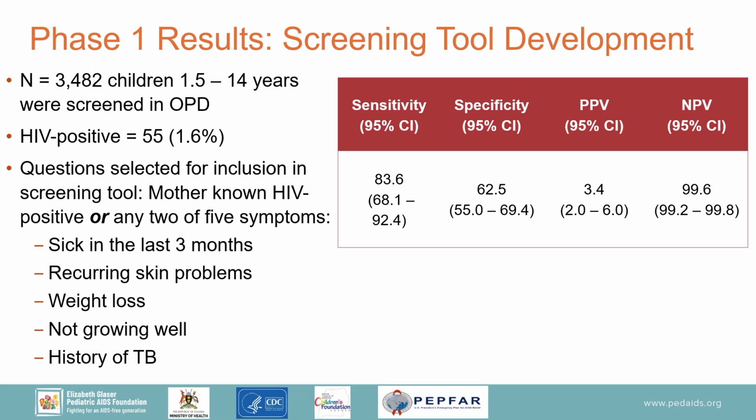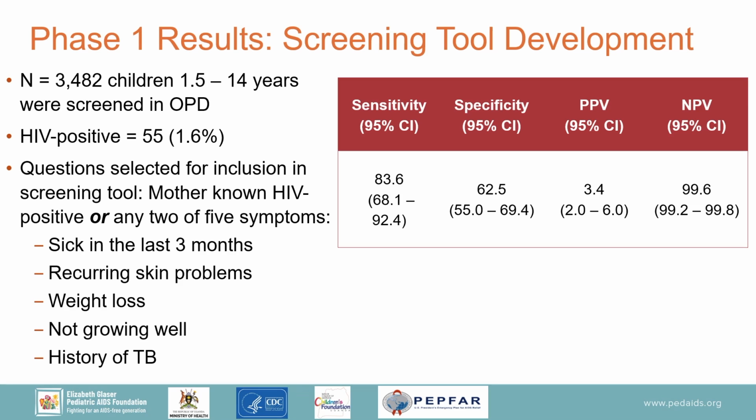The 5 symptoms that were included were child sick in the last 3 months, child has recurring skin problems, child had lost weight, child not growing well, and child had a history of TB.